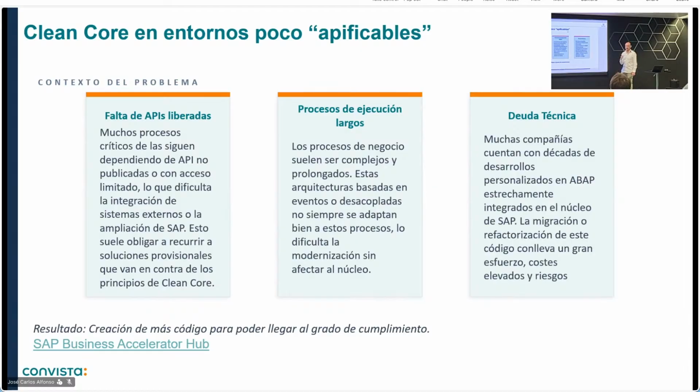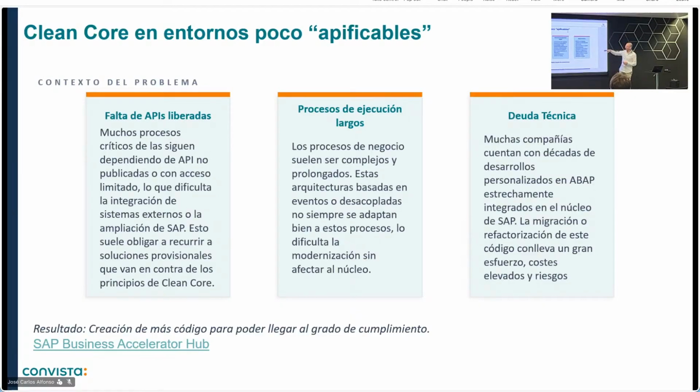That's the first handicap. The second one is long execution processes. Insurance companies, for those that may not know, are based on a lot of backend processes, where users are used to getting all the information, let's say 20 company codes or 20 business areas, and executing something that takes 2 or 3 hours to get a result on how my investments are going.